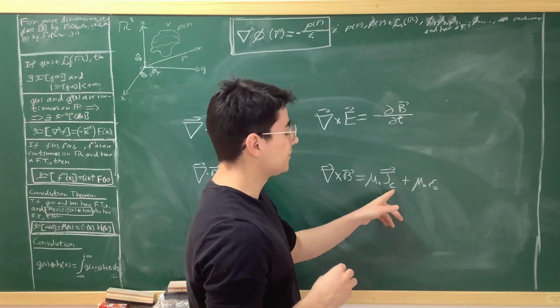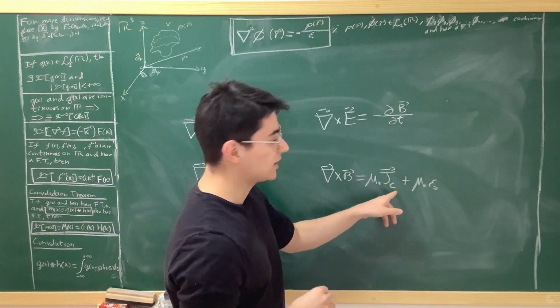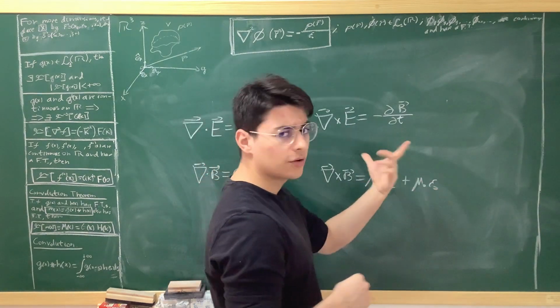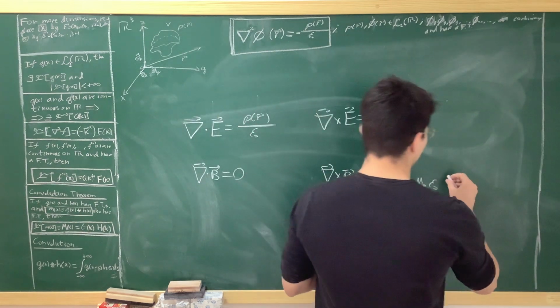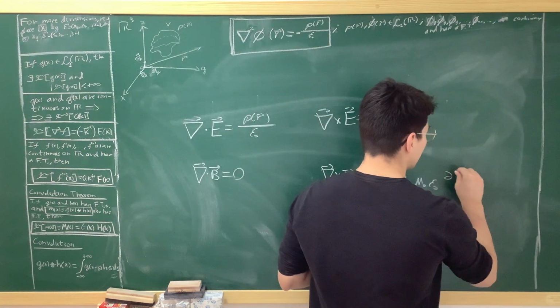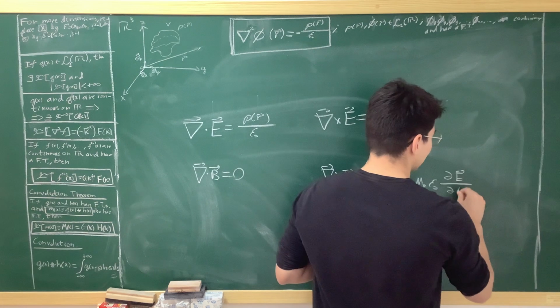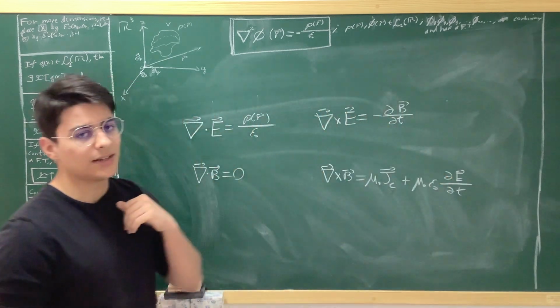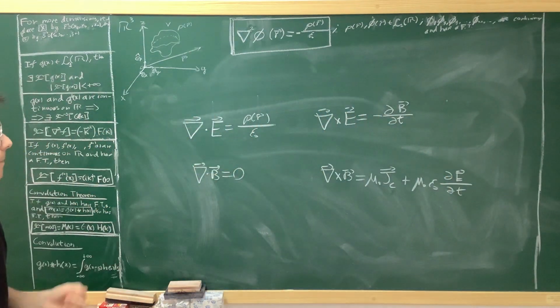Sorry, this is the conduction current, that's why I wrote a C, and this other current is the displacement current, and it's given by epsilon naught times the time derivative of E.